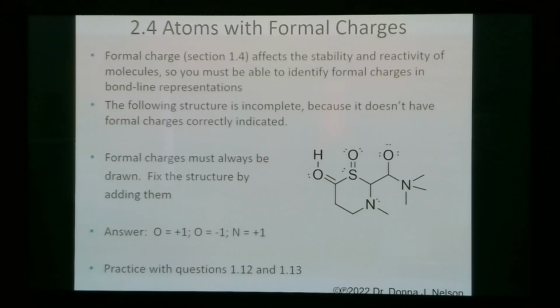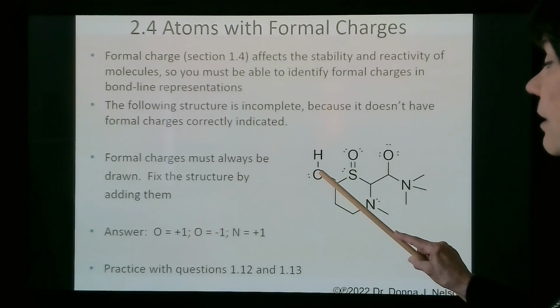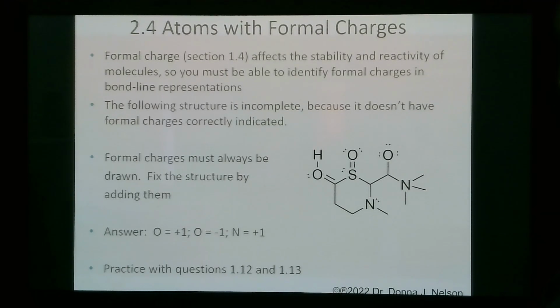And so the way that this is calculated is one starts with the family that the atom belongs to. Let's consider this oxygen. This oxygen belongs to the periodic table family number 6. And so in order to be neutral, it needs to be surrounded by 6 electrons.